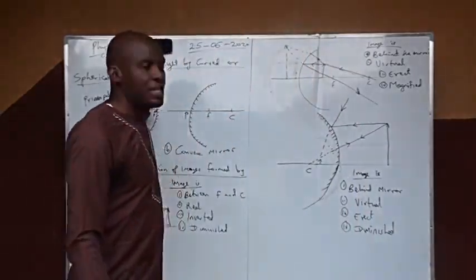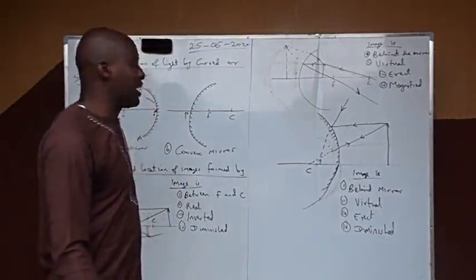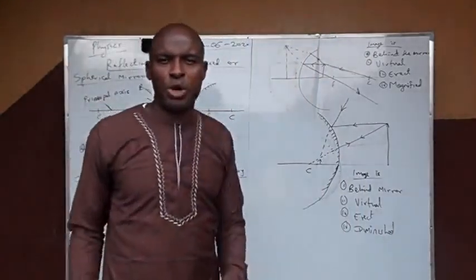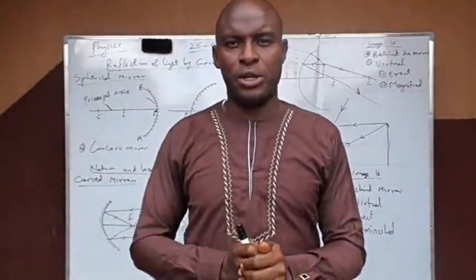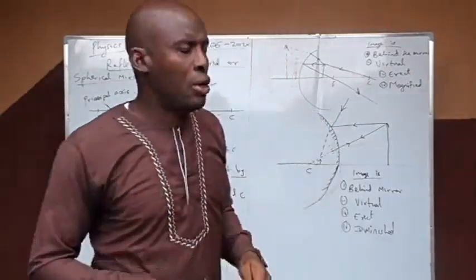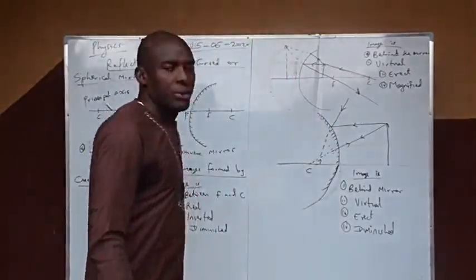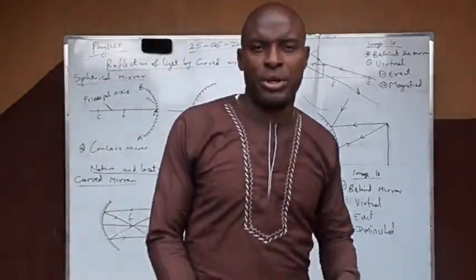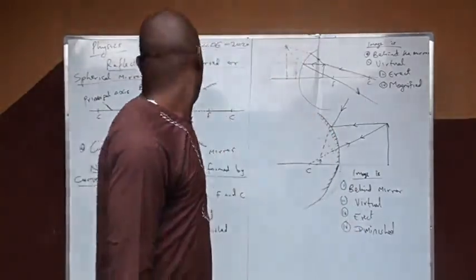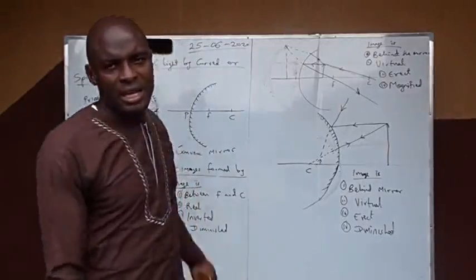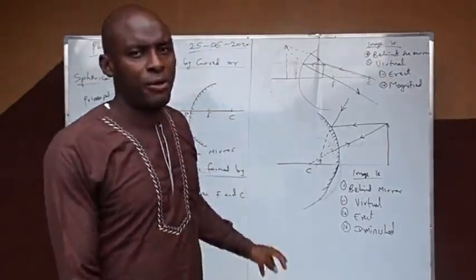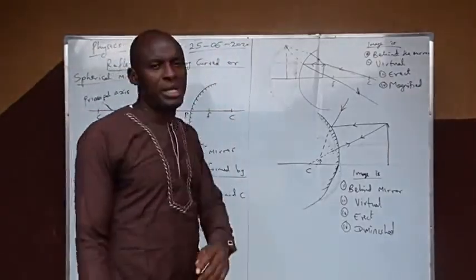If I complete this sphere, you find that the center of curvature will be at the center of that sphere. We also have the radius of curvature. The radius of curvature is the distance CP, which is the distance from the pole of the mirror to the center of curvature.